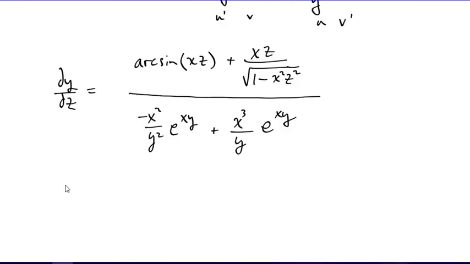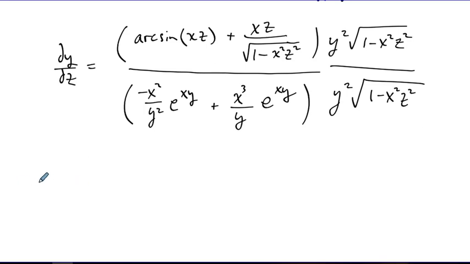Now what I have here is a fraction that contains fractions, so that's not simplified. So let's do one more step here and simplify this complex fraction. We'll multiply the top and the bottom by the common denominator of all the fractions.